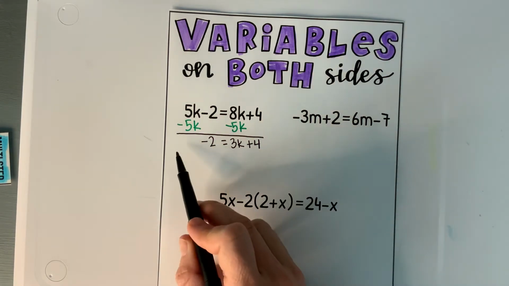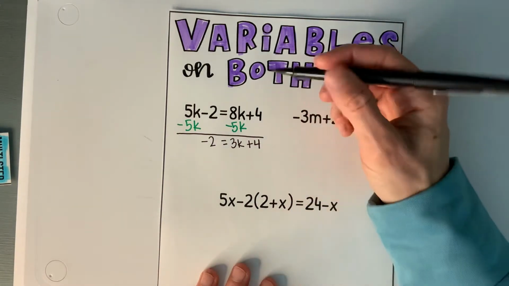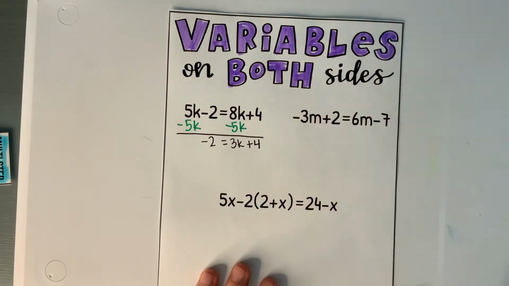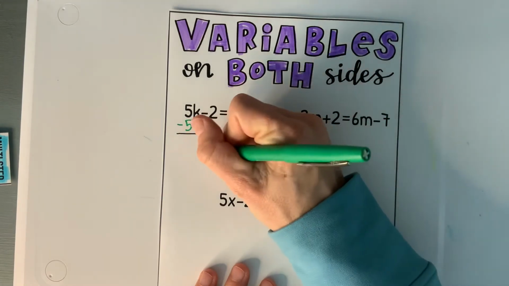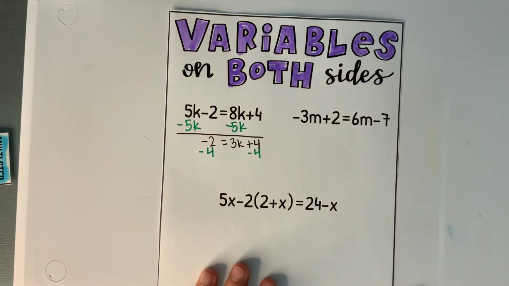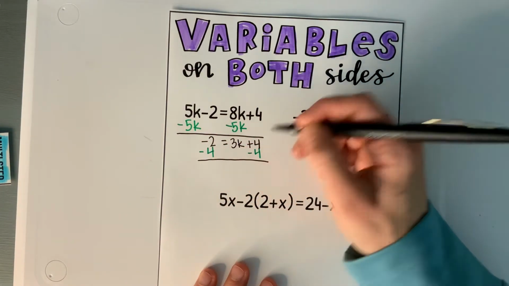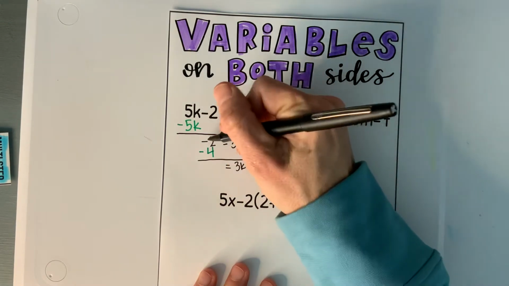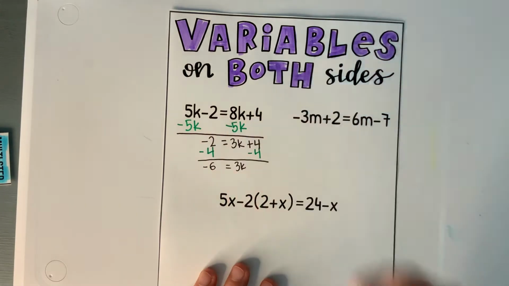Usually we have it over on the other side, but it doesn't matter. Mathematically, it means the same thing. So I want to get rid of this +4. To get rid of +4, I need to subtract 4, and what I do to one side, I need to do to the other. So this term gets eliminated. I bring down my 3k equals -2 minus 4, which is -6.